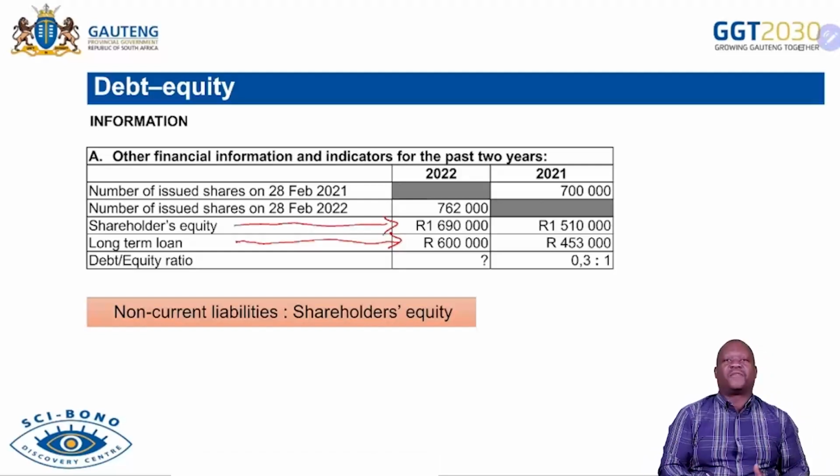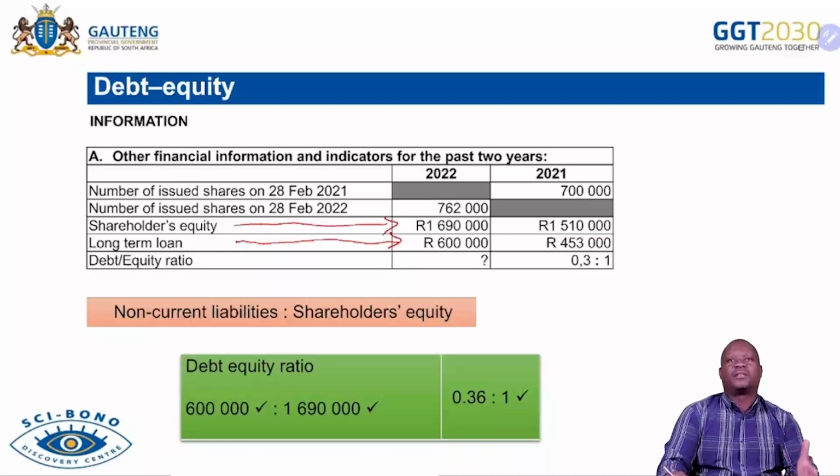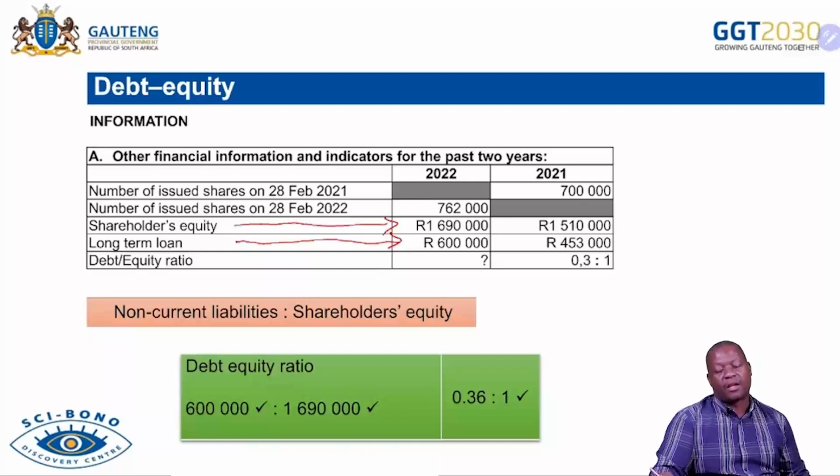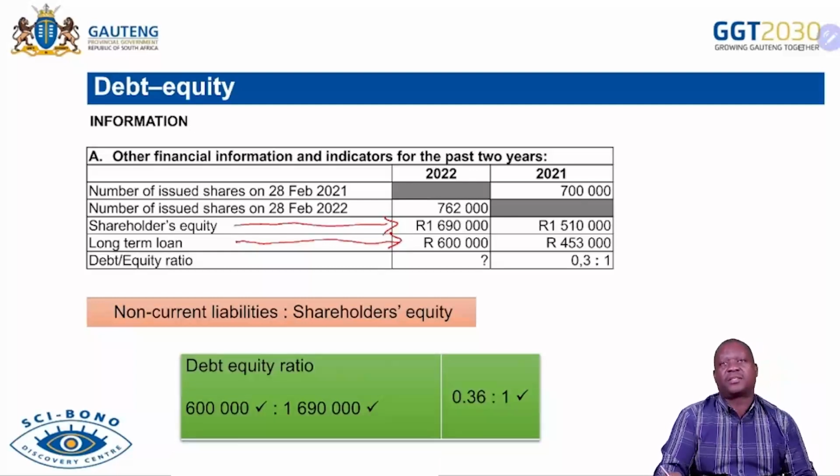Now we take this information into the formula so that we make life very easy for ourselves. So it is going to be 600,000 as to 1,690,000. Remember what I said, your right-hand side is always going to be your 1, which means we are going to say 600,000 divided by 1,690,000.